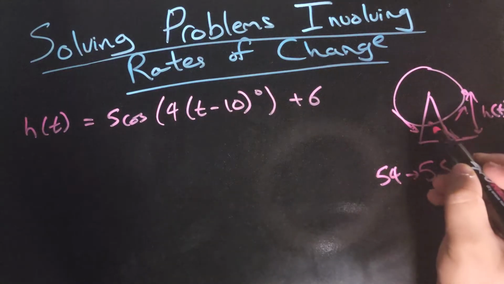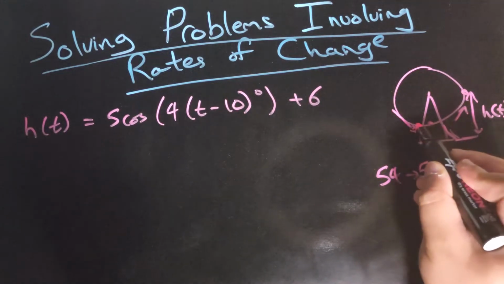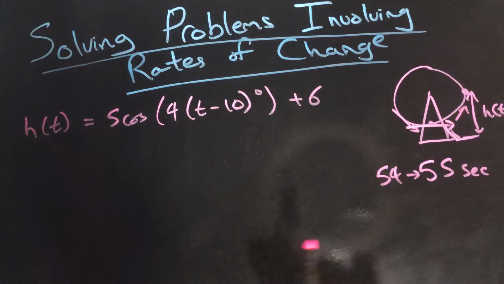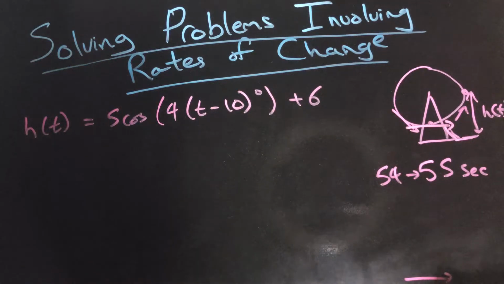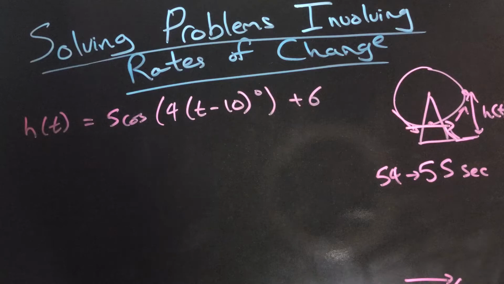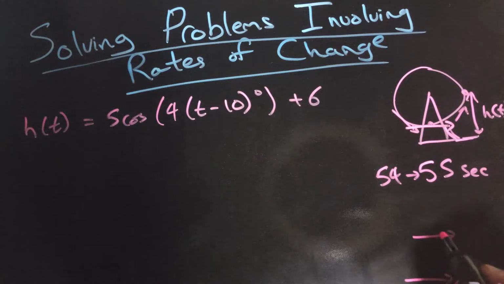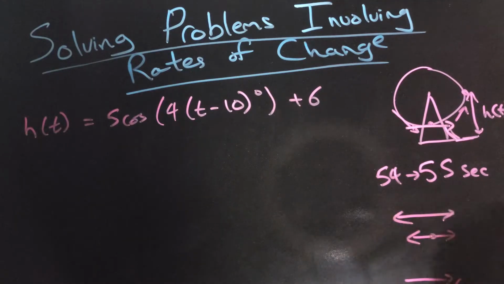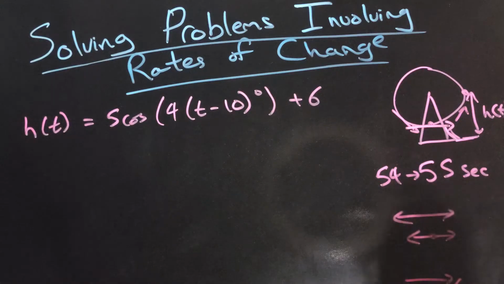But at the very bottom, you're going to have a rate of change that is very close to 0. It's going to be like this. That line, the tangent line, is going to be 0.